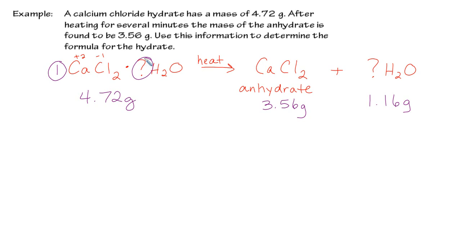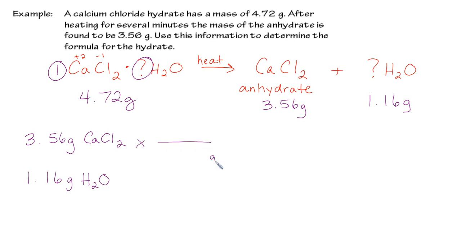And we do have some masses that we can work with. We have 3.56 grams of calcium chloride. And we released 1.16 grams of water. We're looking for a ratio of particles. A unit that measures particles is the mole. So let's just get these out of grams and into moles.